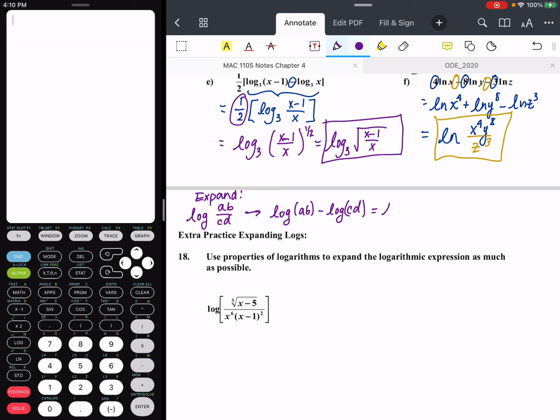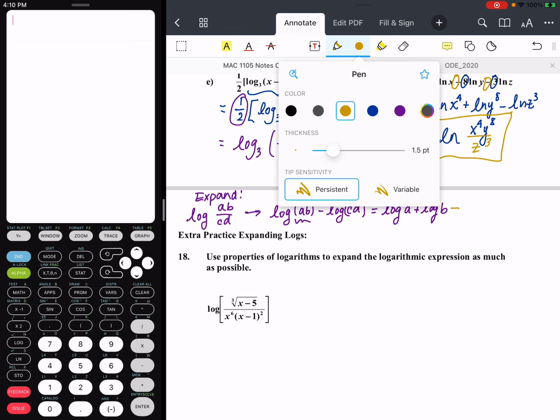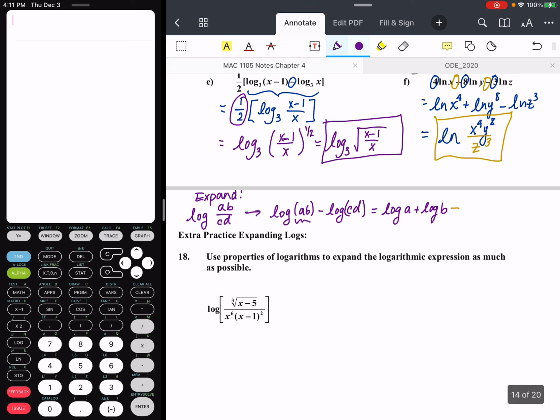And then we can split up the common log of a times b using the product rule, write it as log of a plus log of b. Now here's where it gets a little weird, and I want you guys to pay attention here. So minus, that minus sign is already there. And then if I want to break apart the log of c times d, I'm going to again use that product rule, right?